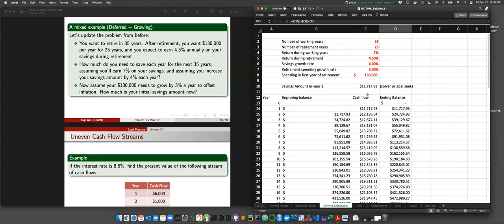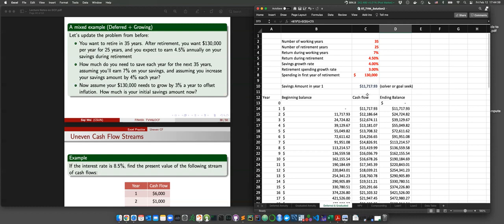Probably 2 weeks or 3 weeks from now, I will teach you how to write user-defined functions to capture the time value calculation. So you can design your own financial calculator to automate the process, which is very useful and very productive.